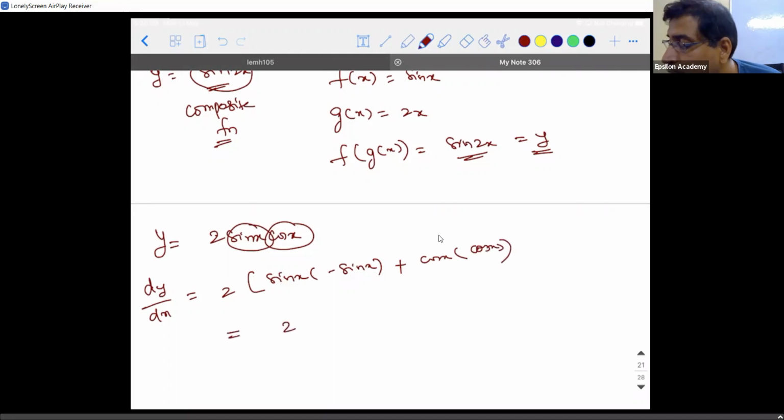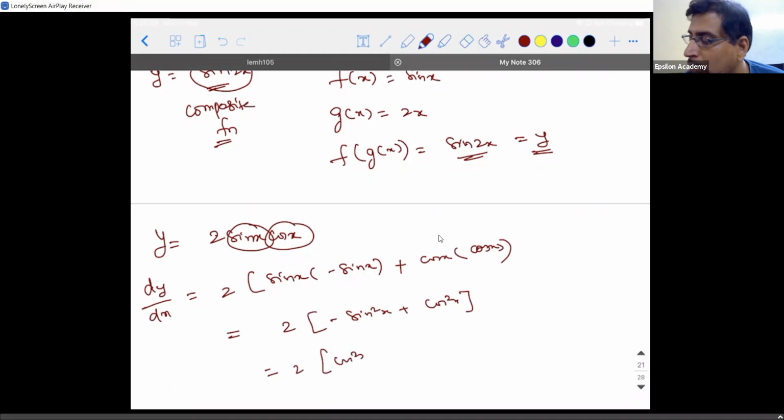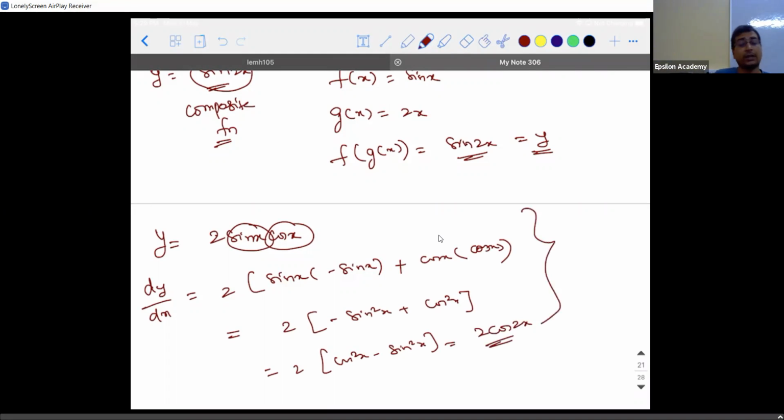Correct? So 2 into minus sin square x plus cos square x. What is the answer? 2 into cos square x minus sin square x. This by now you should have known. That is nothing but 2 cos 2x. Sir, I will differentiate it in this way. Okay, happy.